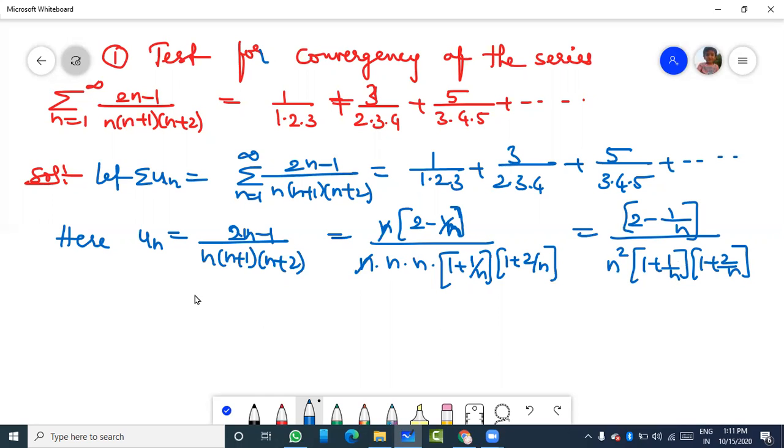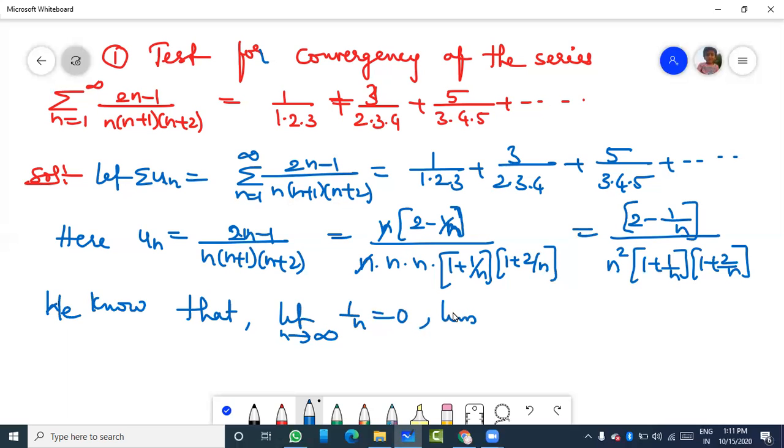Here we can take the limit of un. We know that first, limit n tends to infinity 1 by n is equal to 0. Limit n tends to infinity 2 by n is also equal to 0.